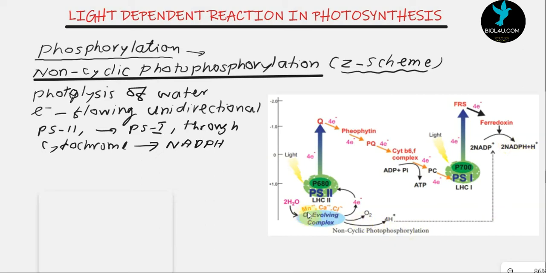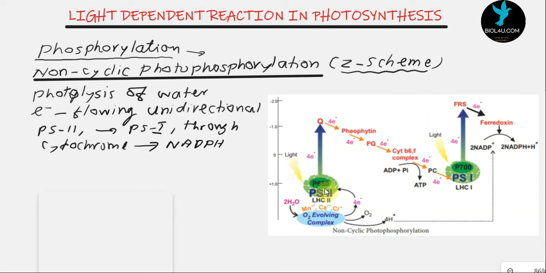The water molecule splits into 4 electrons, actually 4 OH ions and 4 H plus, and these 4 H plus are given back to the 2 NADP, and NADP becomes 2 NADPH2. And the electron is taken from the ferredoxin, and for this reduction process energy is taken from this electron, and NADP is reduced to NADPH. So this is the non-cyclic photophosphorylation.